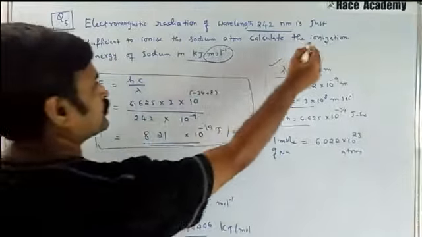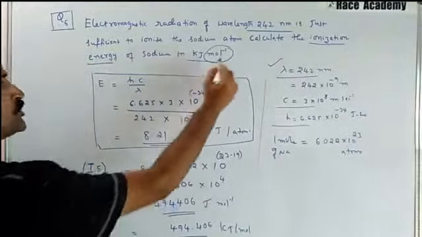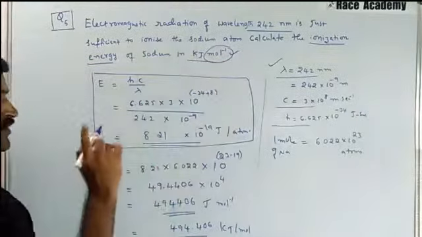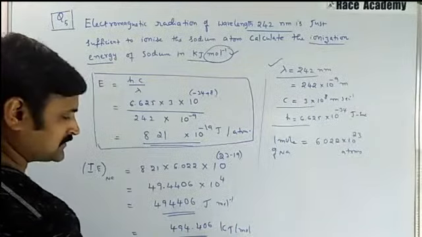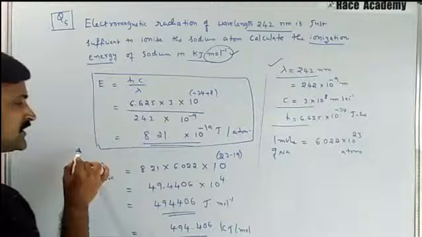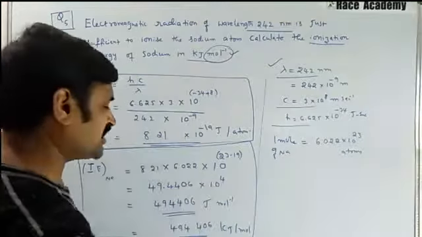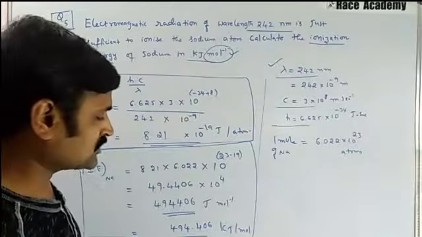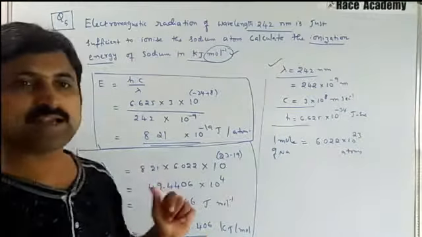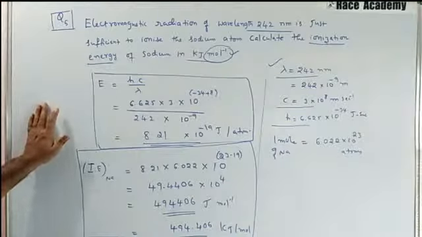After that, they asked for the ionization energy in kilojoules per mole, meaning we have to take the Avogadro number of sodium atoms, multiplied with the one sodium atom energy. We got the ionization energy as 494.406 kilojoules per mole, which is the right answer for this question. Hope you understand this question.